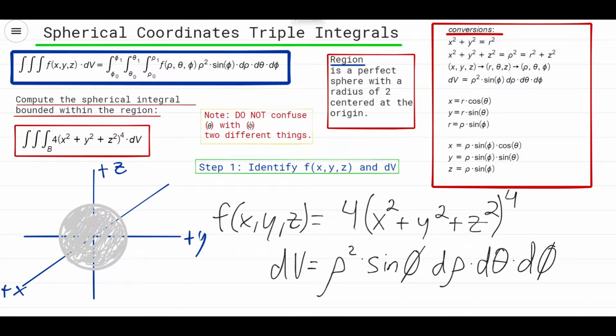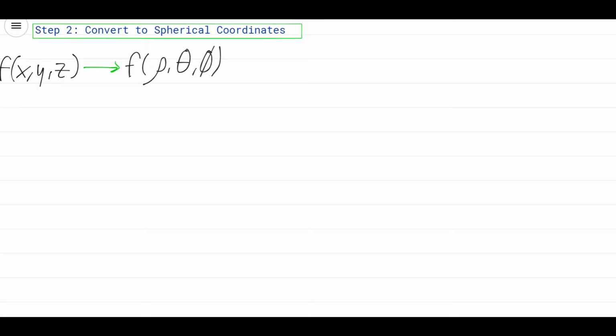So now let's move on. Note the conversion from x, y, z to spherical coordinates is rho, theta, phi. For step 2, we're going to convert to spherical coordinates. The function given to us, f of x, y, z, was 4 times (x squared plus y squared plus z squared) to the 4th power.